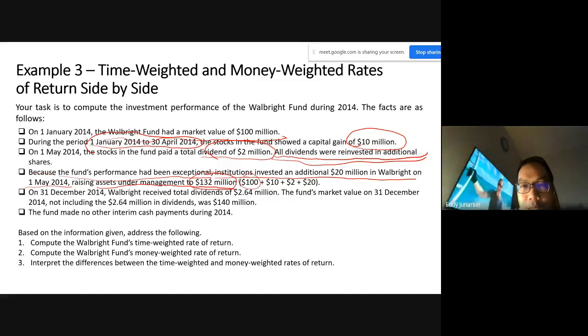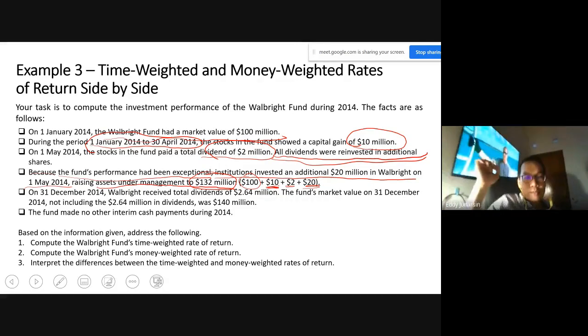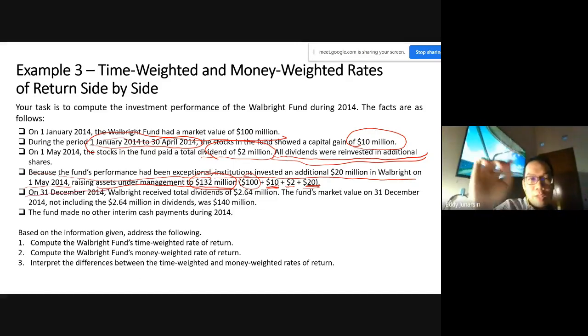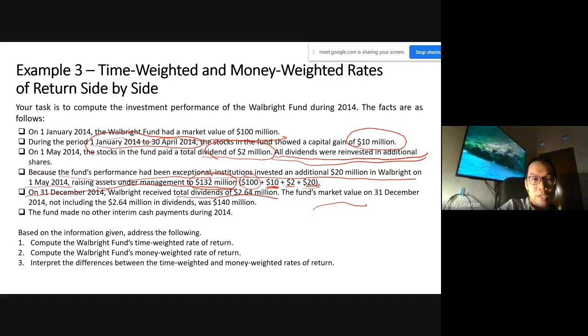There's 100 at the beginning, they enjoyed a capital gain of 10, dividend of 2, and a 20 deposit by the investor. On December 31st, Oil Black received total dividends of 264 million, and the market value at the end of the year was 140 million, excluding the dividend payment. The fund made no other interim cash payments during 2014.